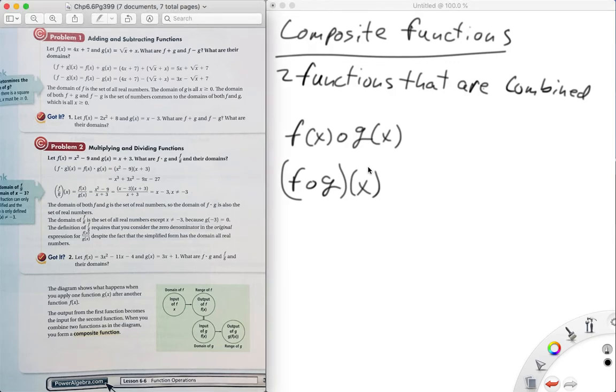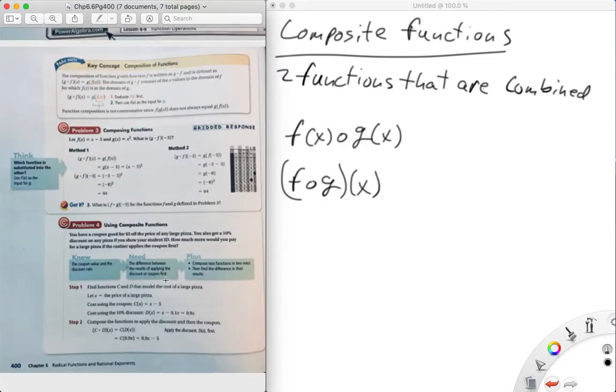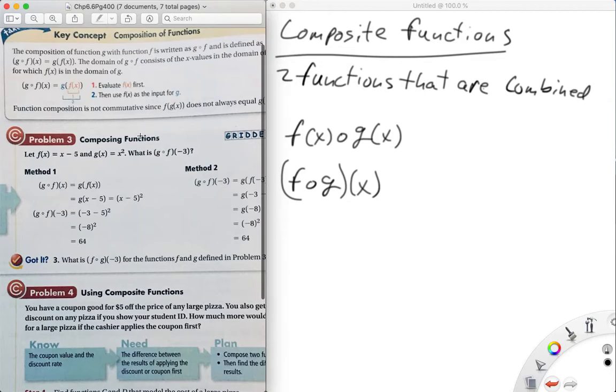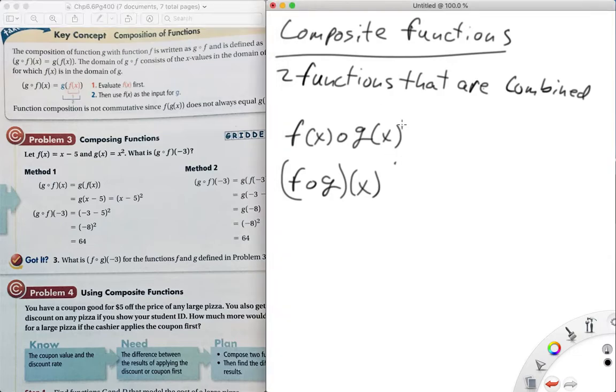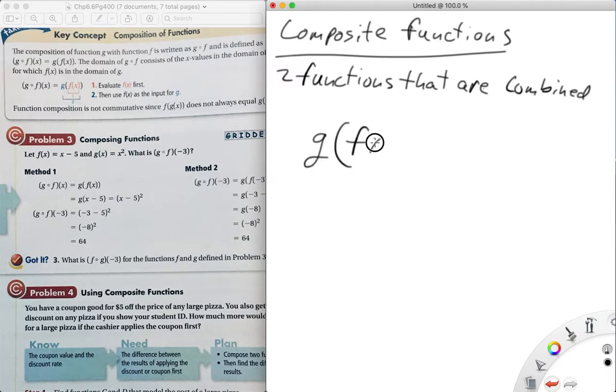So what happens with composite functions, and here's the key, is you evaluate the first function, so whatever comes first. So it says g of f of x. Right, you're combining the two functions.